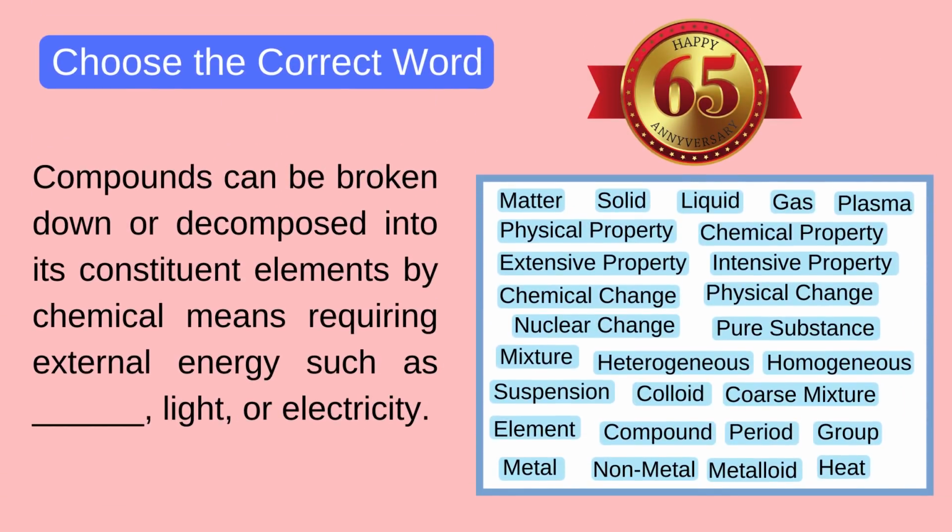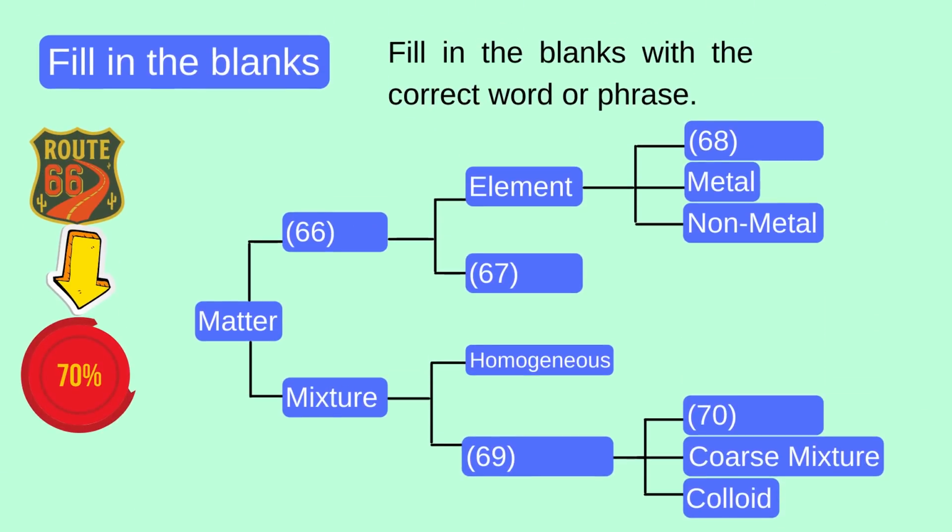Compounds can be broken down or decomposed into its constituent elements by chemical means, requiring external energy such as blank, light, or electricity. Fill in the blanks with the correct word or phrase.